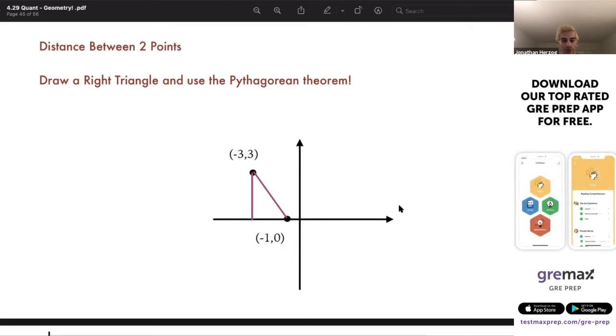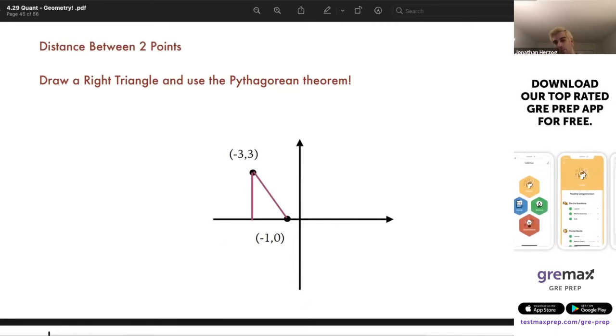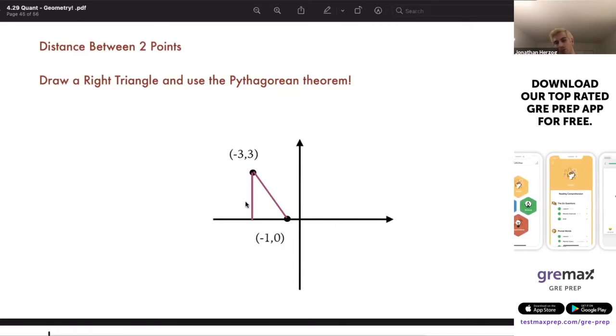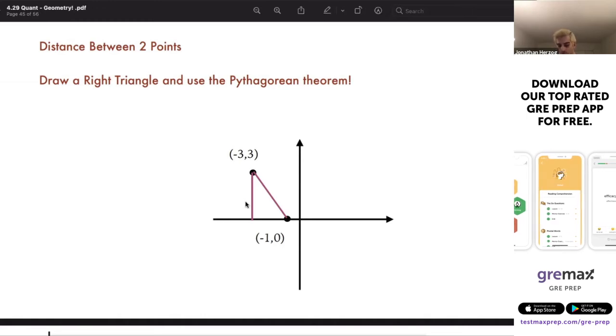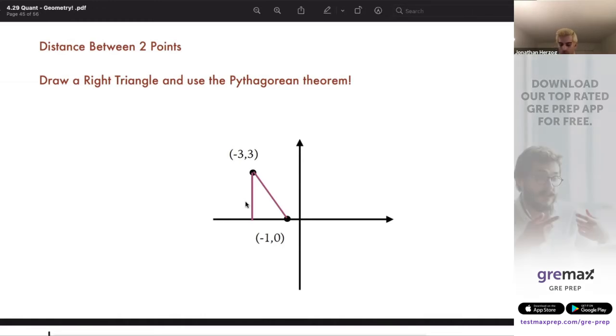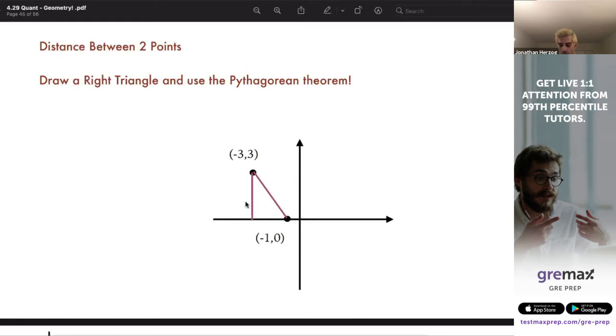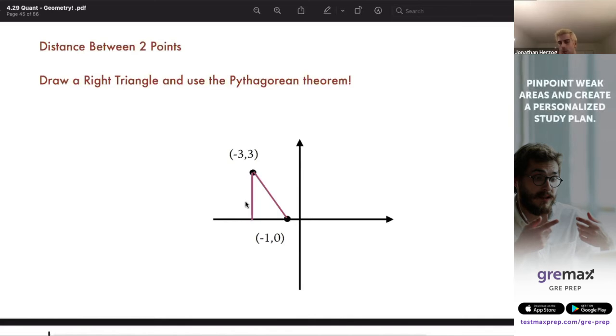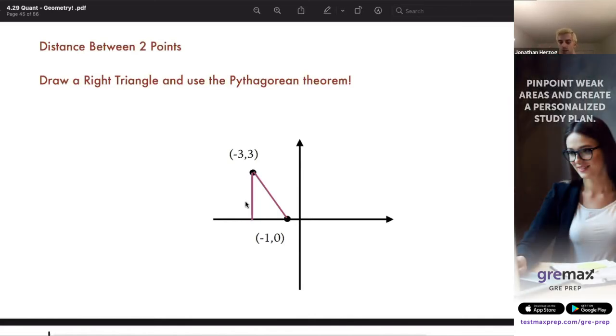We can integrate all of the abundance of rules we have together to determine the distance between 2 points. Note that we can draw a right triangle and use the Pythagorean theorem sometimes, while we want to avoid computation, but another tool in our toolbox to find the distance between 2 points.